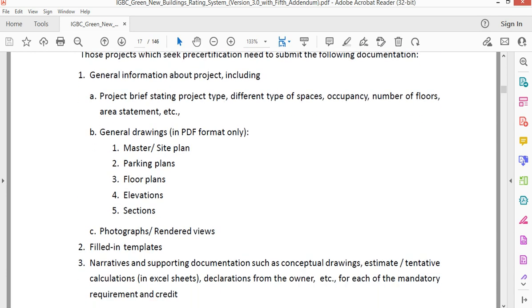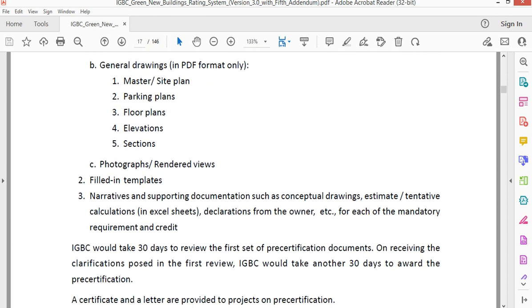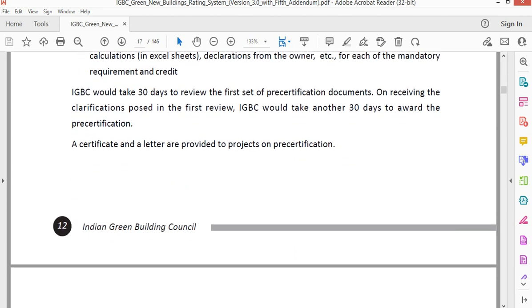These projects have to submit documentation, which is almost the same as the documents submitted in the certification stage. This includes the general information about the project brief, the general drawings, the photographs, the filled in templates, then the narratives and supporting documents such as the conceptual drawings, then the estimates or tentative calculations done in Excel sheets, then the declarations from the owners for each mandatory requirement and credit.